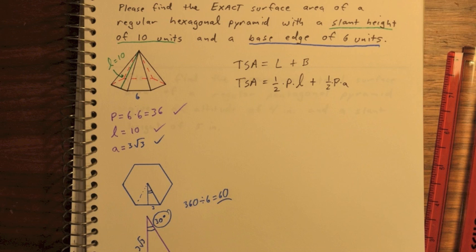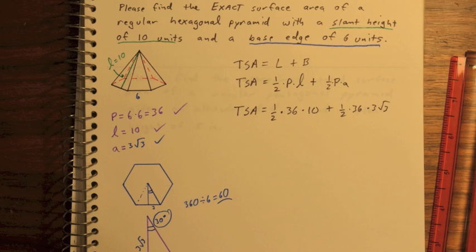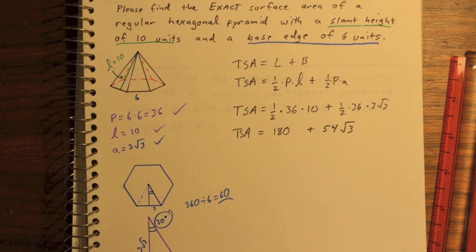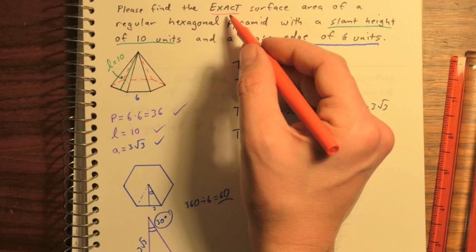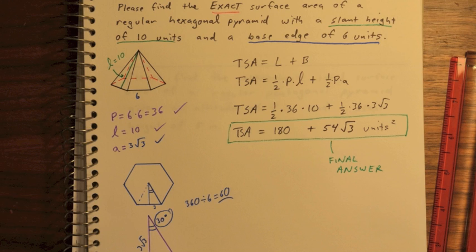So now we're good to go. We have all of the information we need for our formula. So total surface area is 180 plus 54 root 3. And since the problem asked us for an exact surface area, we're done. 180 plus 54 square roots of 3 units squared.